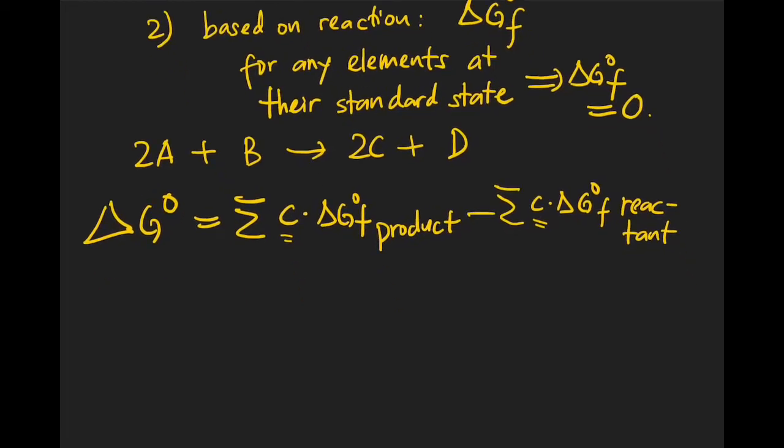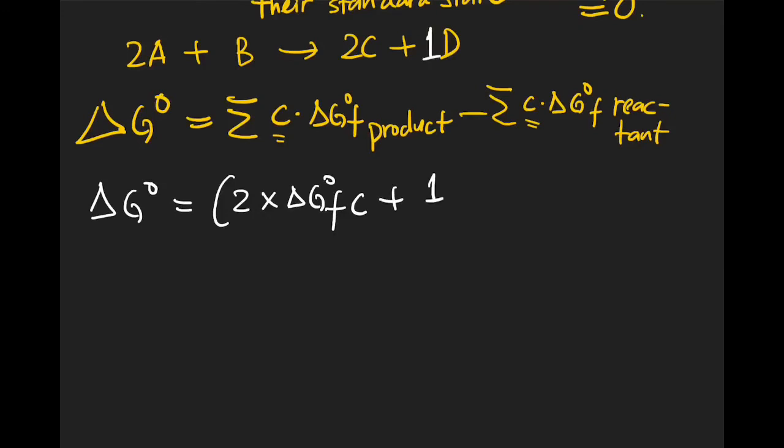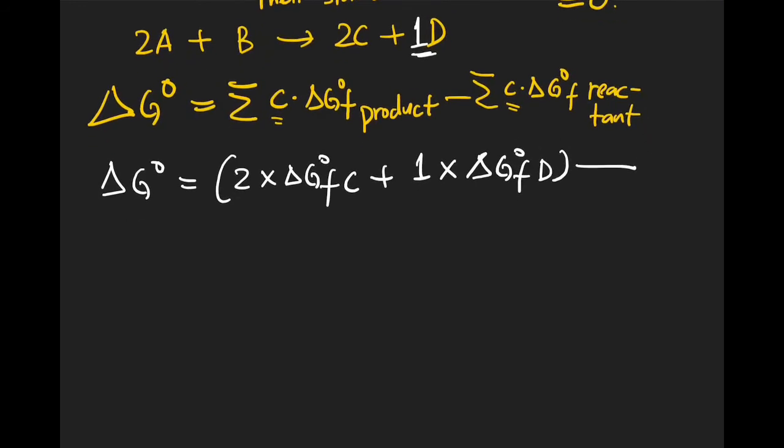So let's take a look at this reaction. How do we calculate the delta G? Delta G is equal to 2 multiplied by delta GF of C, plus 1, because the coefficient is 1 here, multiplied by the delta GF of D, minus the reactants. Don't forget the coefficient.